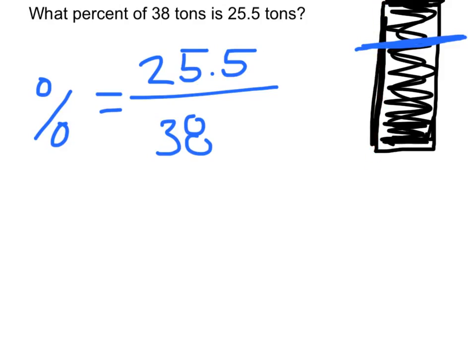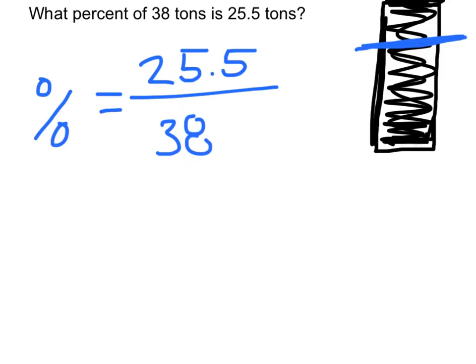So in this problem, we're reinforcing the idea the percent, the 25.5 tons is of the 38 tons, is a ratio between the 25.5 tons, which is part of the whole amount, the 38 tons, which is where we derive the formula 25.5 over 38.